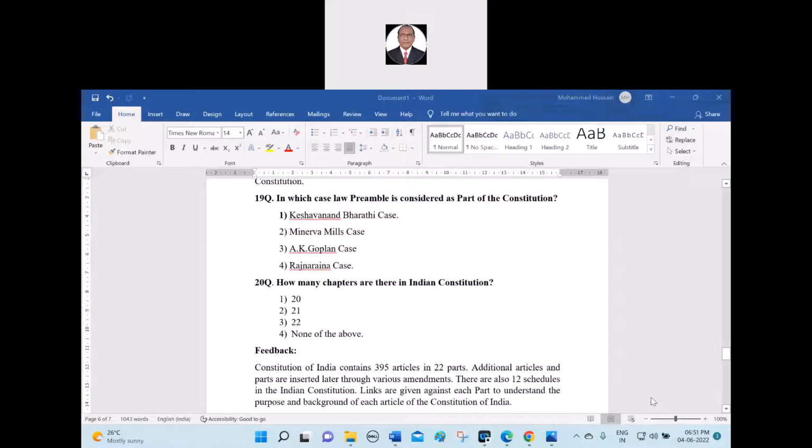Such questions they may ask you, either part or article. Which article deals with the appointment of a Chief Justice? Which article gives the power to the High Court or the Supreme Court to appoint judges? And which power is given under which article to the governor and president to appoint judges? So supplementary questions, they may ask some important articles, you have to remember them.